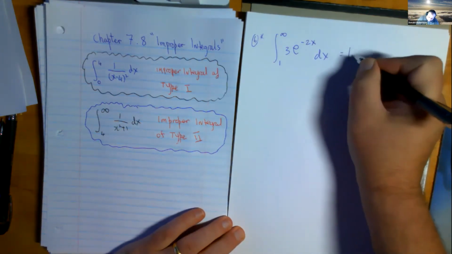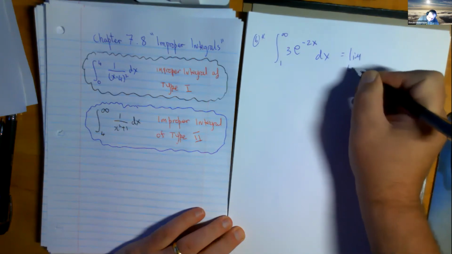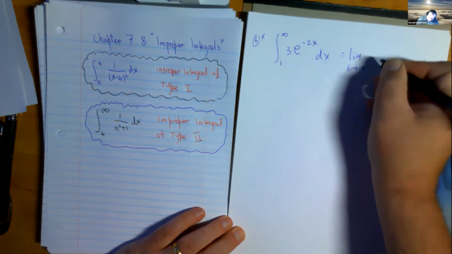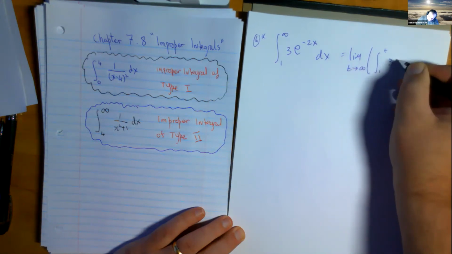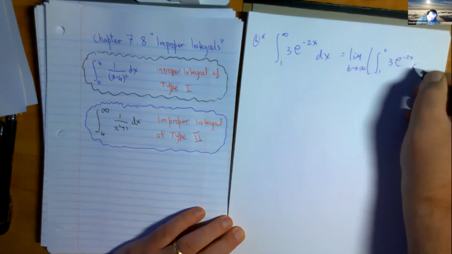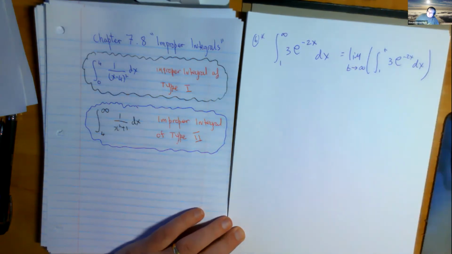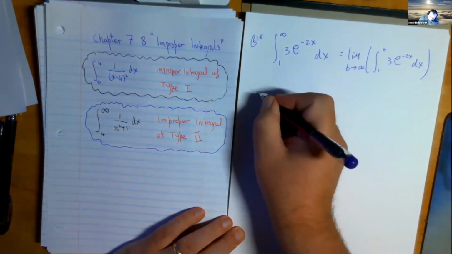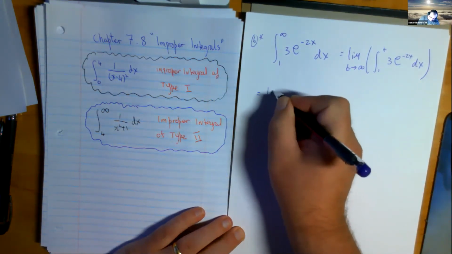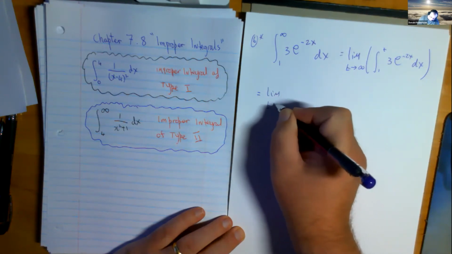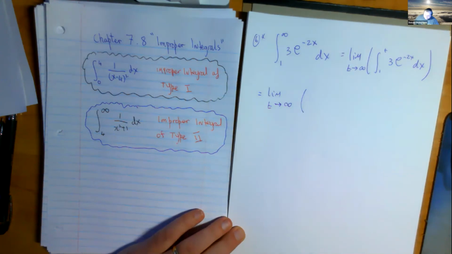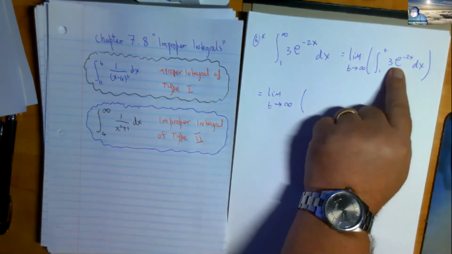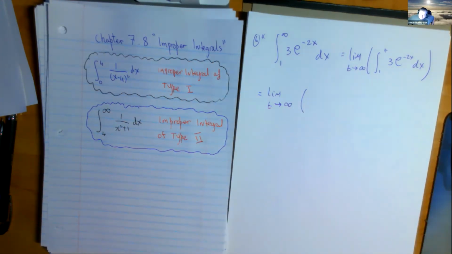That's going to be the limit as t tends to infinity of the integral from 1 to t, same guy. I need to integrate 3e to the negative 2x.